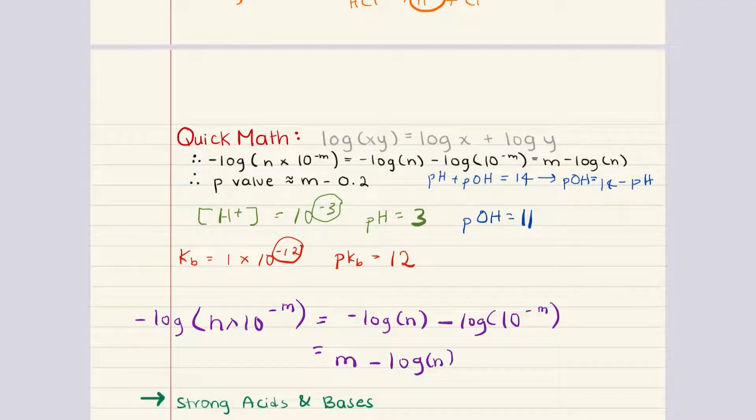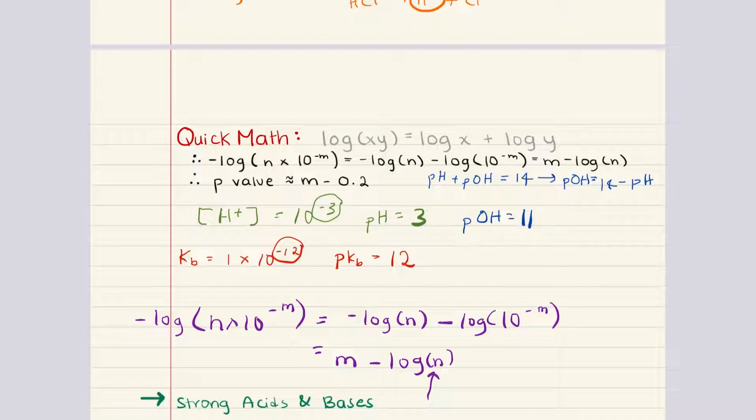Now, here's where it becomes really fun. Because n is a number between 1 and 10, its logarithm will be a decimal between 0 and 1. This is because log of 1 is equal to 0 and log of 10 is equal to 1. Now, the closer the n value is to 1, the closer the log of n will be to 0. And the closer the n is to 10, the closer the log of n will be to 1.